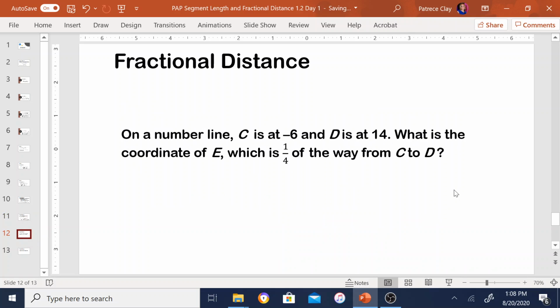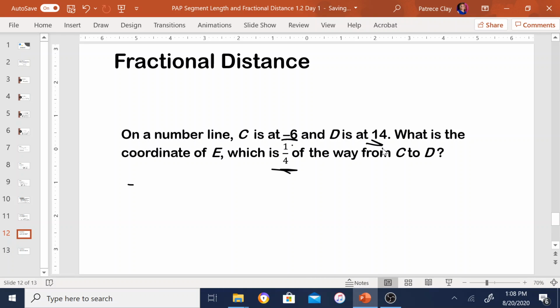Okay, let's try again. Another line, and draw a number line for this one, but you all got it. C is located at -6, and D is located at 14. What is the coordinate of E, which is 1/4 of the way from C to D? So let's set up our formula, okay? So first we need C, which is our first point.